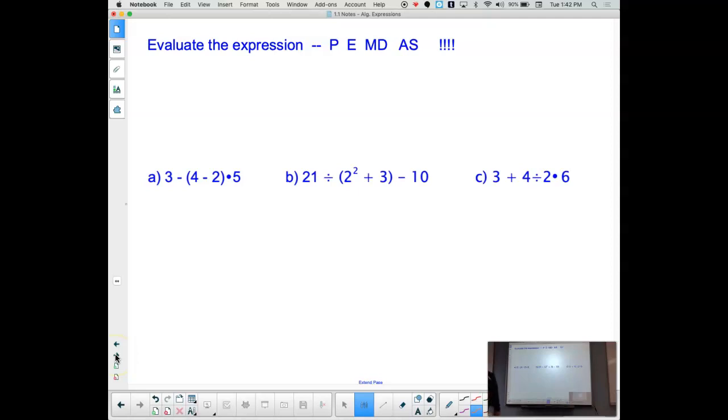Okay? PEMDAS. Please excuse my dear Aunt Sally. So what we're saying here is, first, you need to do parentheses. Then, that might even be A. We'll kind of make it look funny. Then, you need to do exponents.